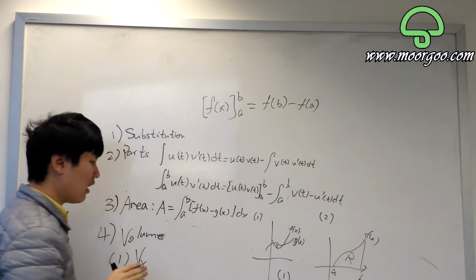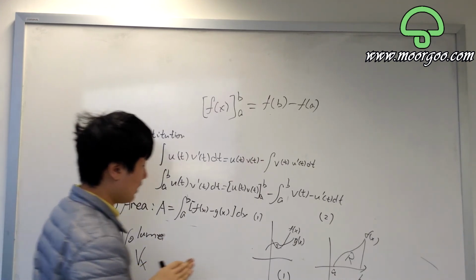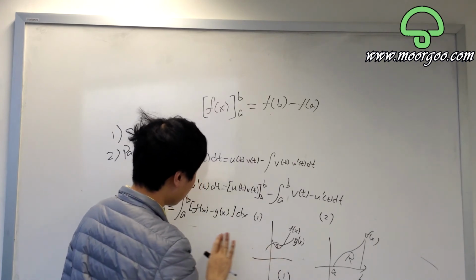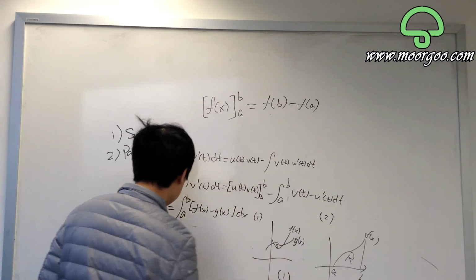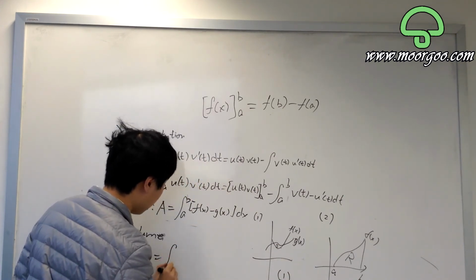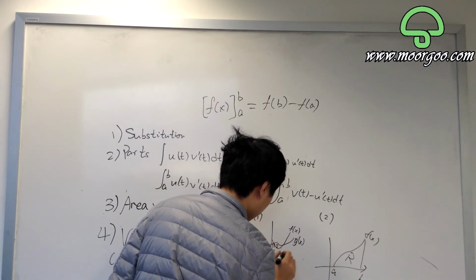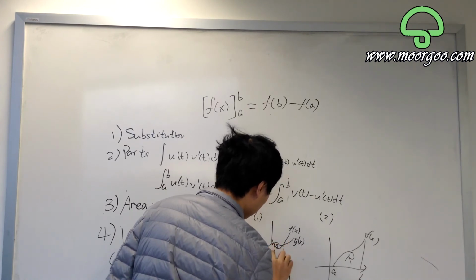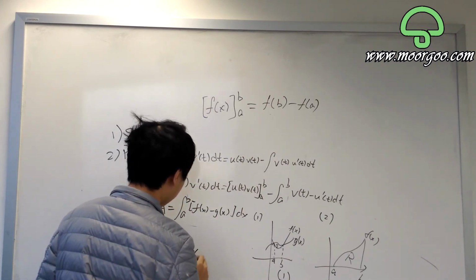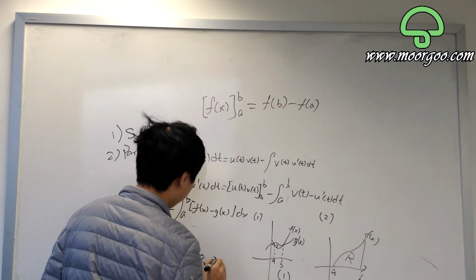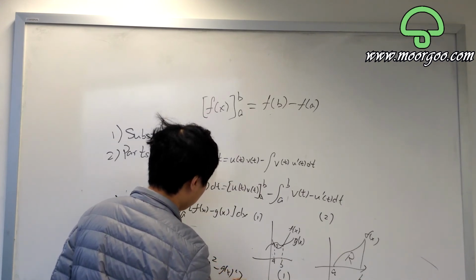The volume of the solid generated from rotating S around the x-axis is equal to the integral from a to b of f of x squared minus g of x squared times dx.